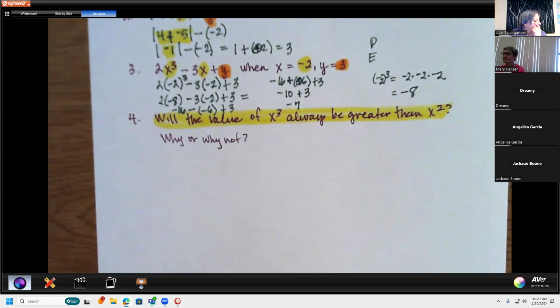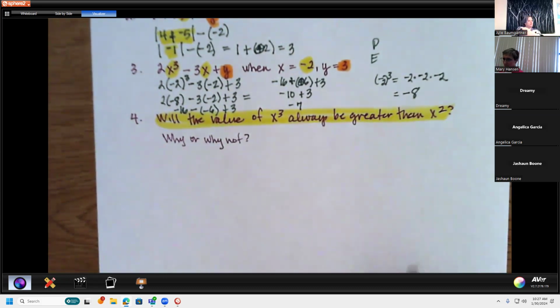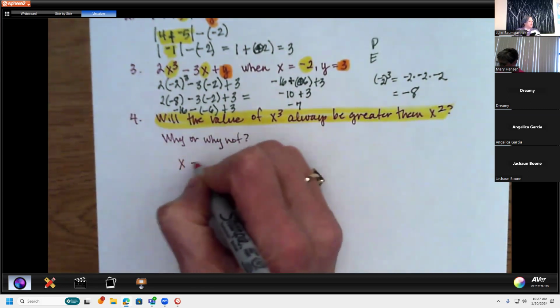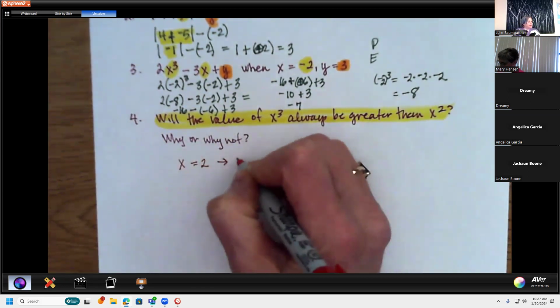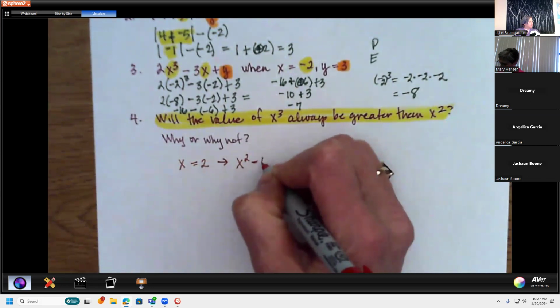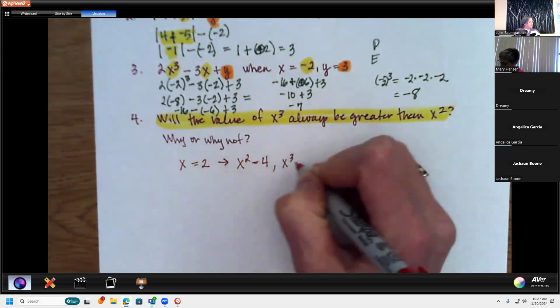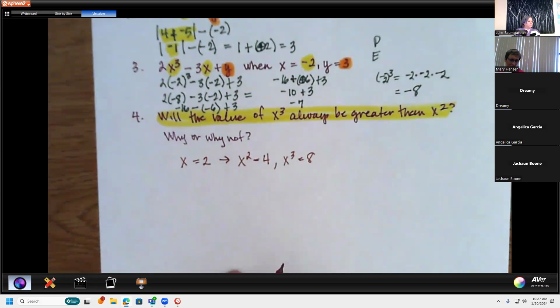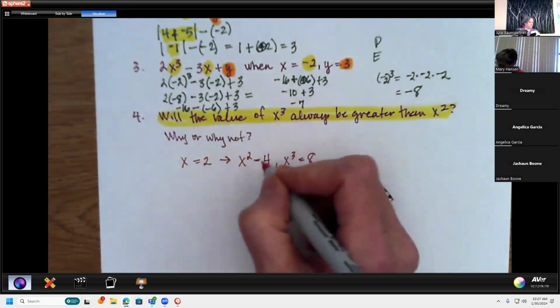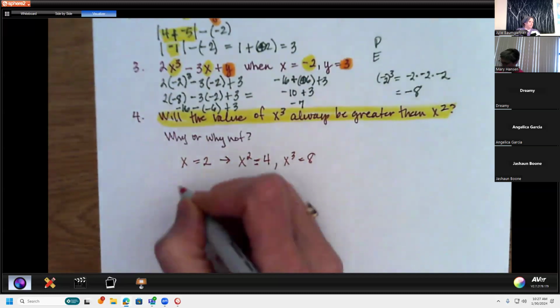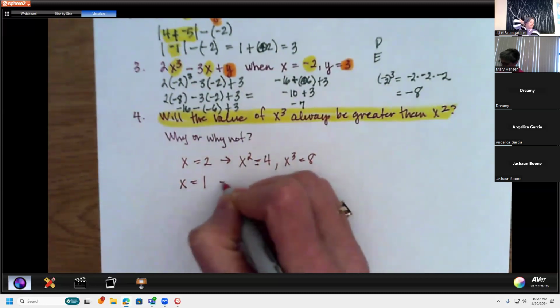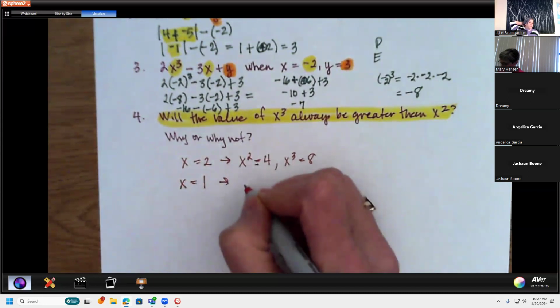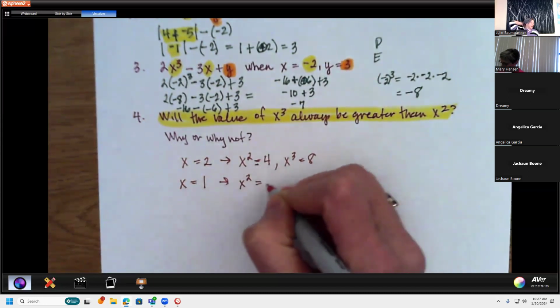So if x was 2, then x cubed would be greater, right? 8 is greater than 4. Yeah, you're right, good. So sometimes the value of x cubed will be greater than x squared.